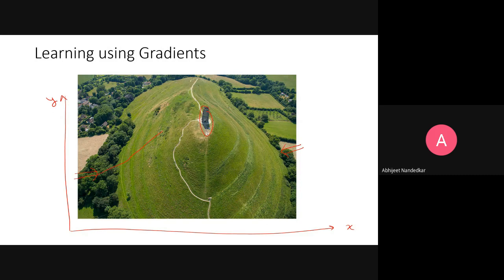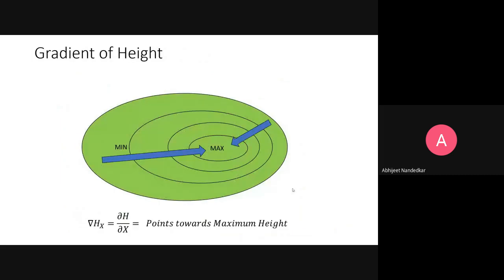The height is a function like this. Now when I take the gradient of this, you can see the equi-height points, or locus of equi-height points. This is the ground point, and this is the max point, the highest point.